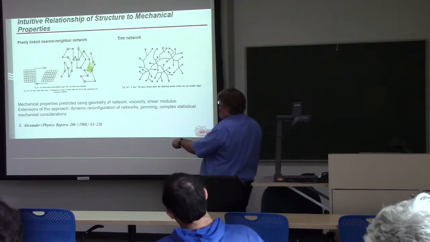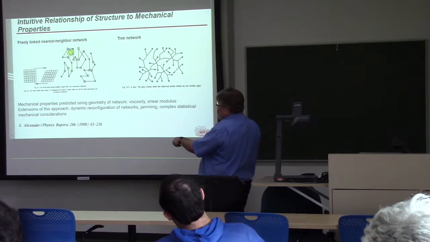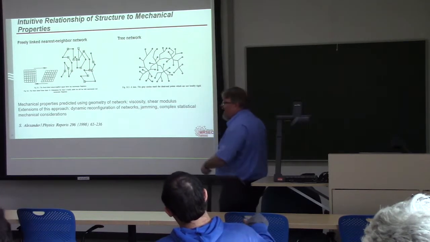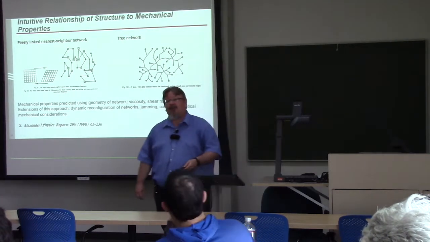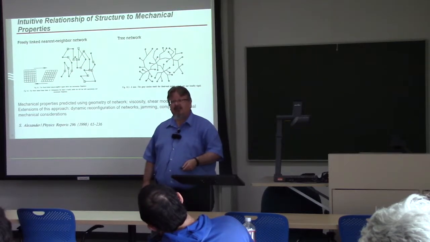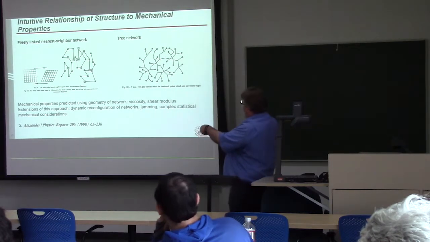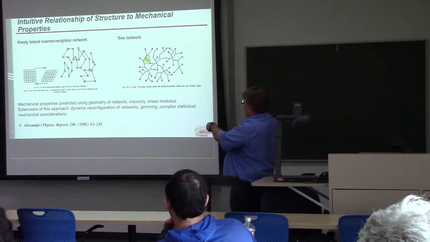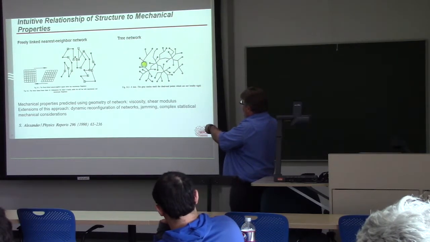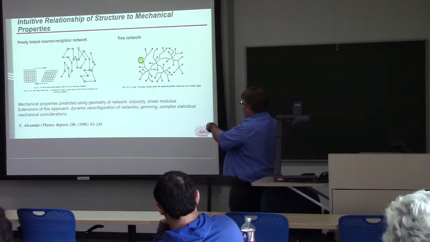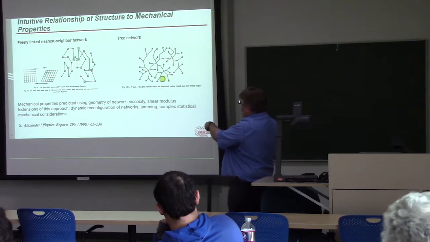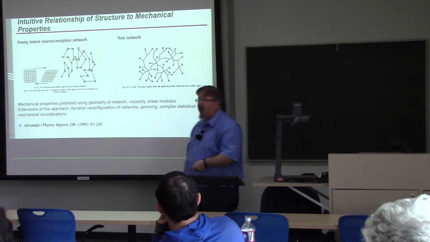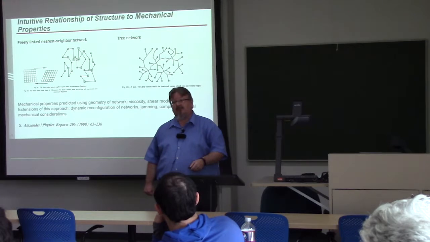And you can imagine that it would be easy to shear this object without changing the bond angles or bond lengths very much. Whereas on the right-hand side, we have a more connected tree network with multiple connections for each one of the nodes. This object will be more resistant to shear without changing the bond angles and bond lengths.